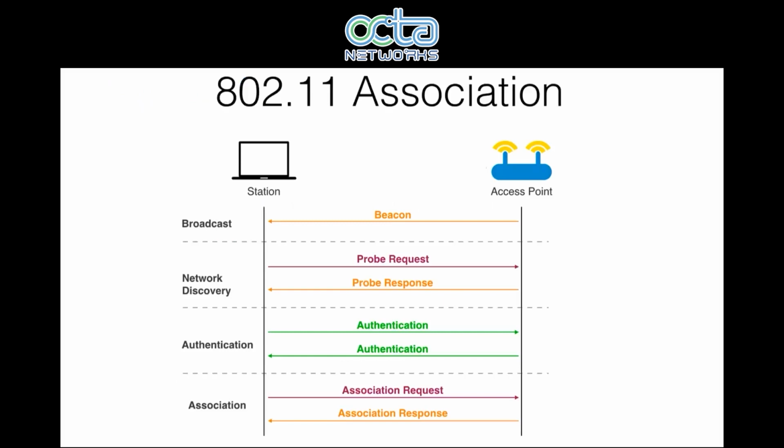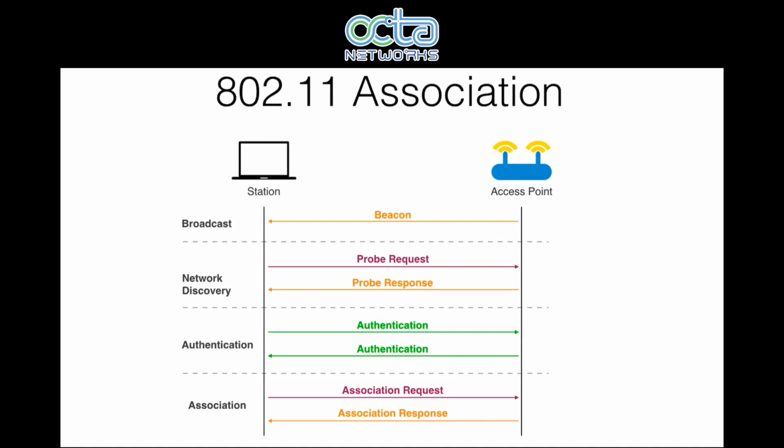There are two modes, one is a beacon and one is a probe request. This was discussed last time in depth, so I'll not go too much into this concept. The client sends the probe request, the access point sends the probe response, and they get connected. Next comes authentication.